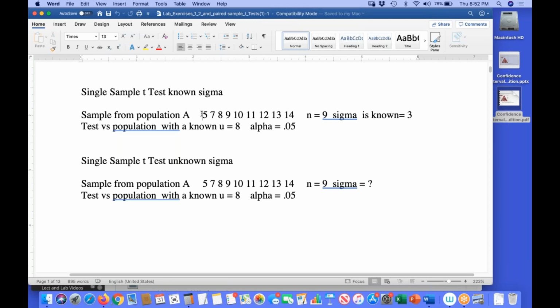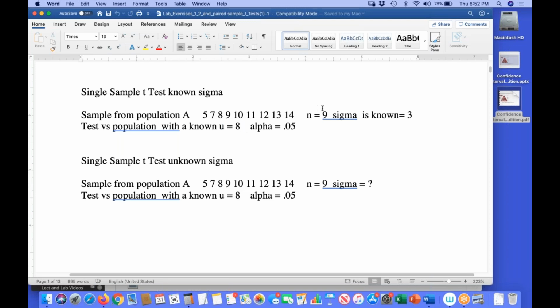So we take a sample of 9 randomly selected subjects from population A, and these are the scores we get. It could be anything. Doesn't matter what this is. It's just 9 numbers from randomly selected people. So our sample size is 9. The population that we're comparing it to has a known mean of 8.